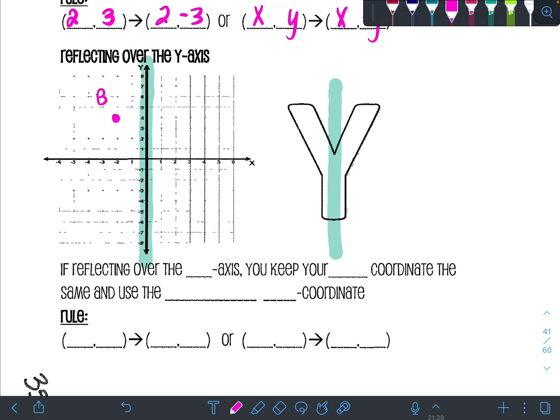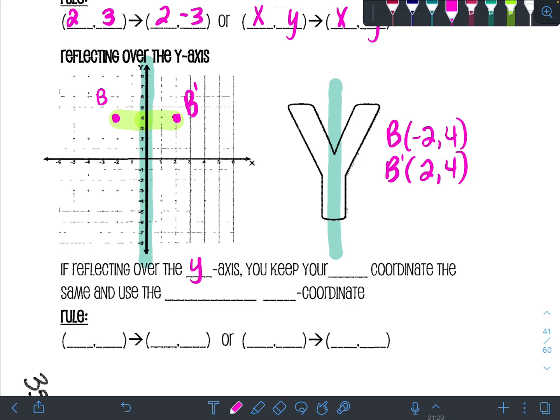So if I have my original B here, B is currently at (-2, 4). I know that it is 2 away from my y-axis, so I want it to be 2 away over here. So I'm going to have it at (2, 4). That's where my B prime would be.